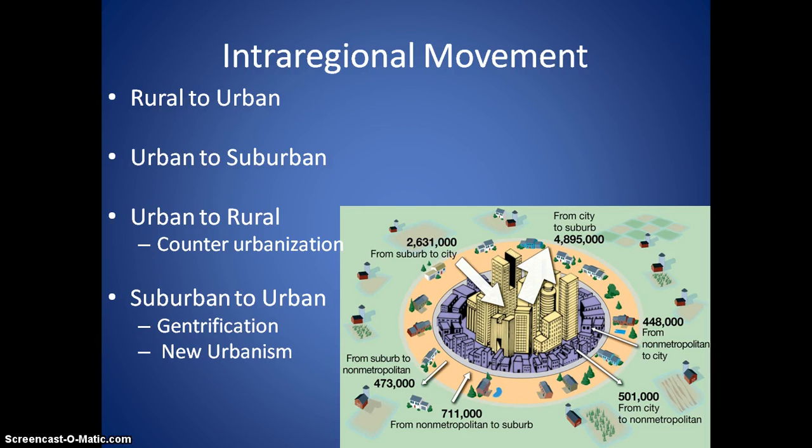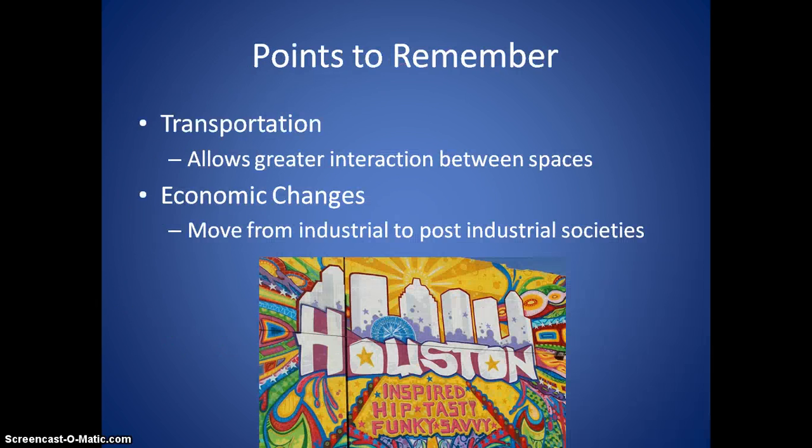The 2 types of movement that are most frequent are going to be the urban to suburban movement, where people are wanting to start families and be in areas that are less dense, and then the suburban to urban movement with the improvement of the urban center, this idea of gentrification, and also as new urbanism develops, this will probably attract and draw more people. And of course, with the suburban to urban movement, you typically get greater costs in living because of the improvements in the area. So costs are going to go up as a result of that.